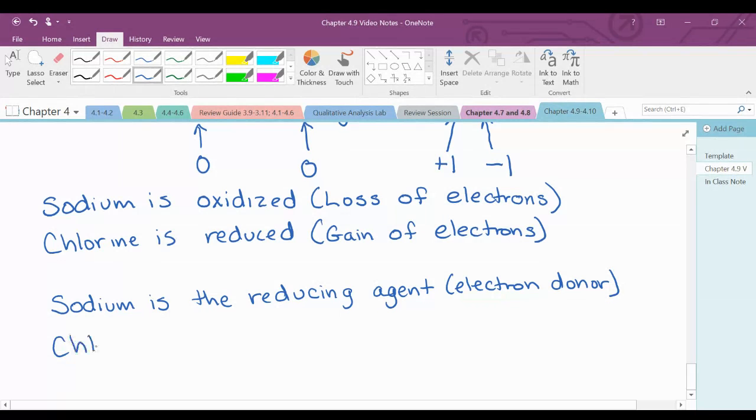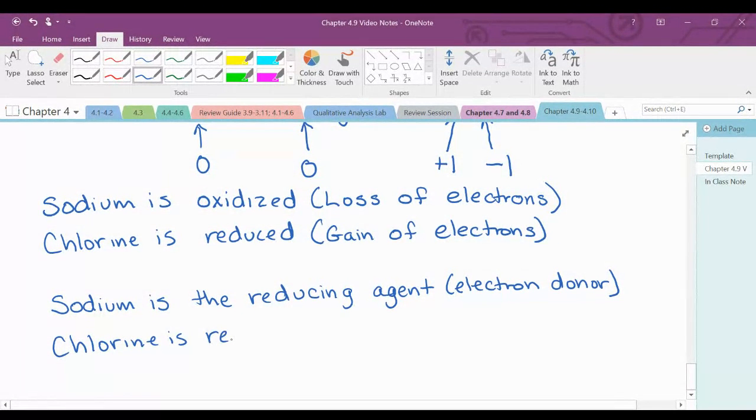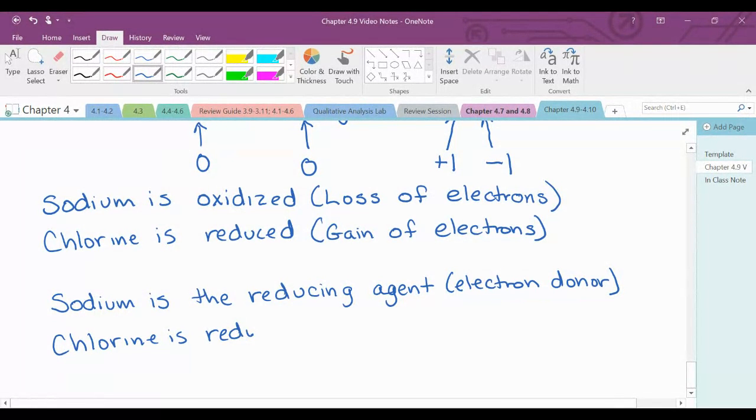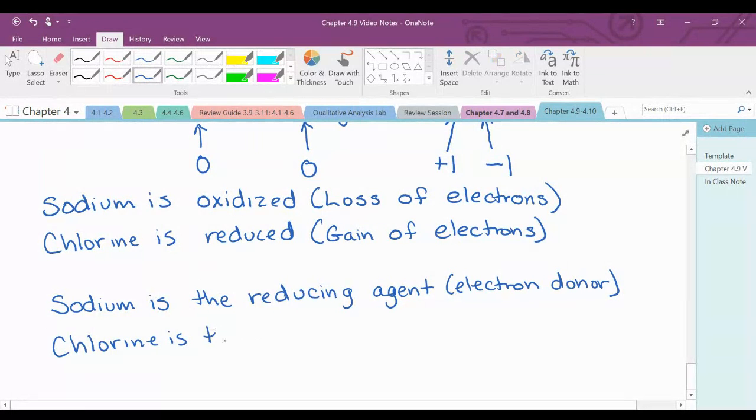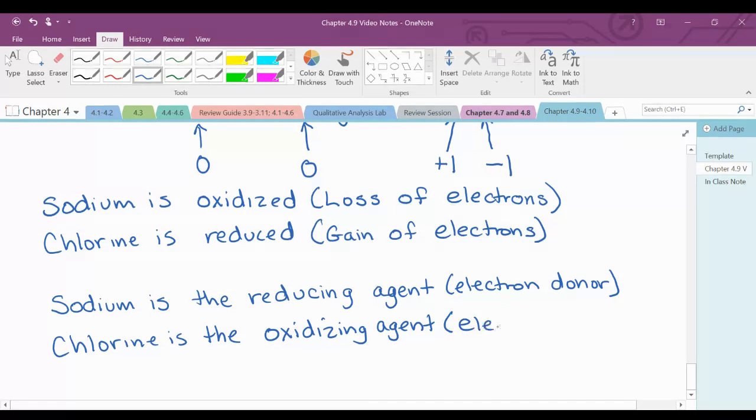Sorry, chlorine is the oxidizing agent, because it's the electron acceptor.